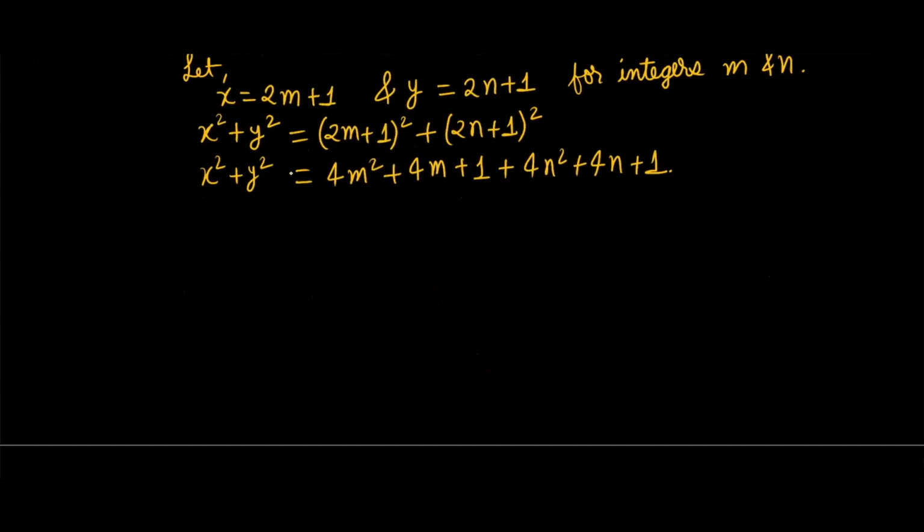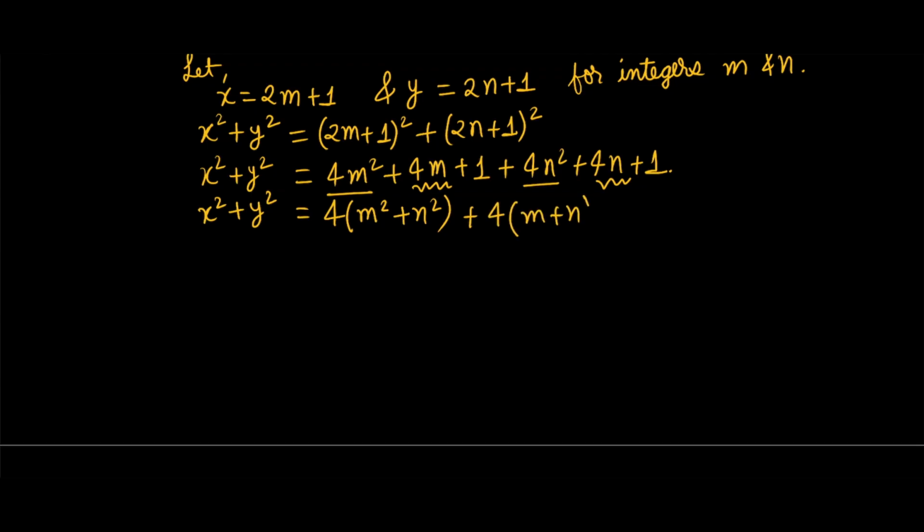So we have commons. x square plus y square equals 4 common from this one and this one, so 4m square plus n square. So from this one and this one, we will get 4 as common, m plus n, and plus 2, since 1 plus 1 is 2.